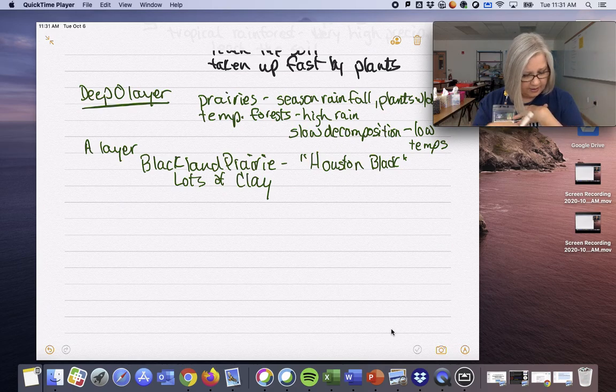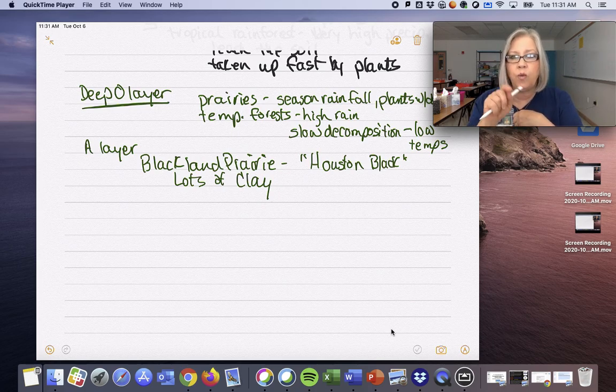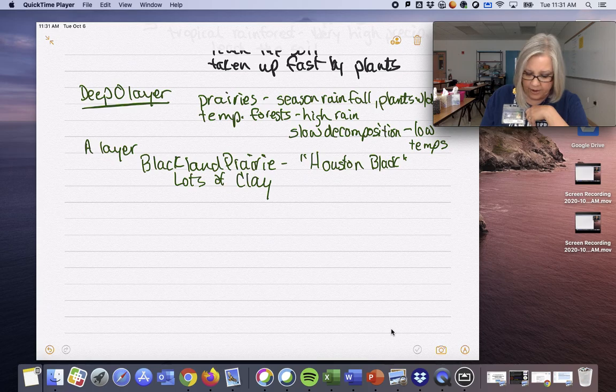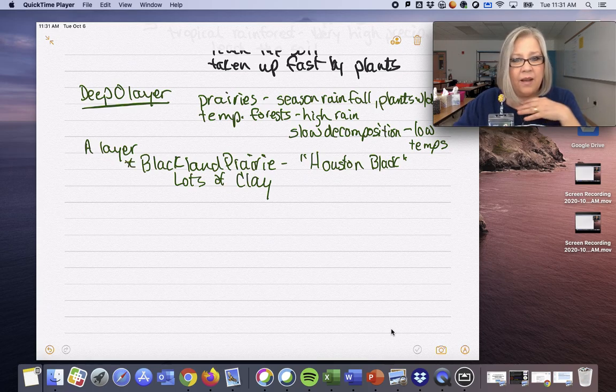Now, this clay is great for growing stuff. In fact, the Blackland Prairie was high cotton country. Lots and lots of cotton was grown here. It's perfect for cotton. Unfortunately, it was also a great place to live, which means that we started to build on it pretty regularly.